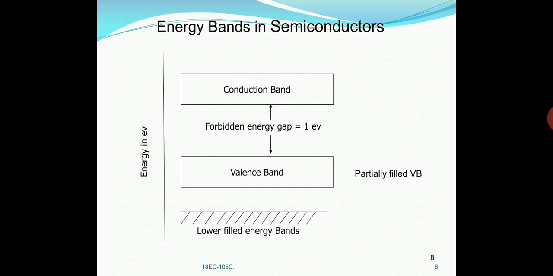In this energy band diagram of a semiconductor, you can see the valence band is partially filled and also the conduction band is partially filled. It is to be noted, we have to remember this is important.